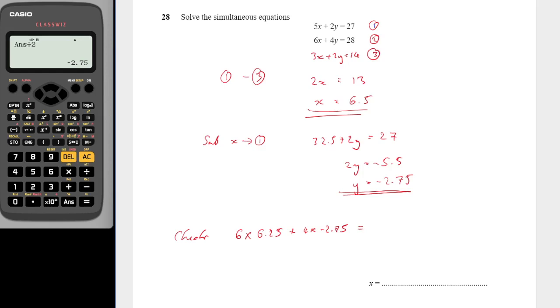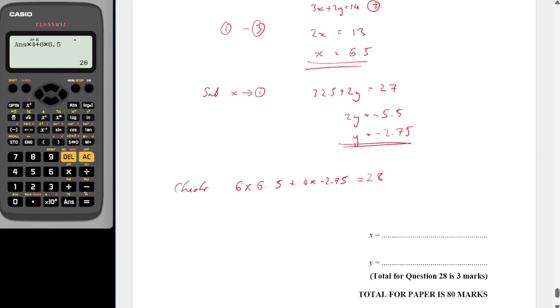I typed that in wrong, that was 6.5. That does equal 28, so I'm fairly confident that I'm right. So x is going to be 6.5, and y is going to be minus 2.75.